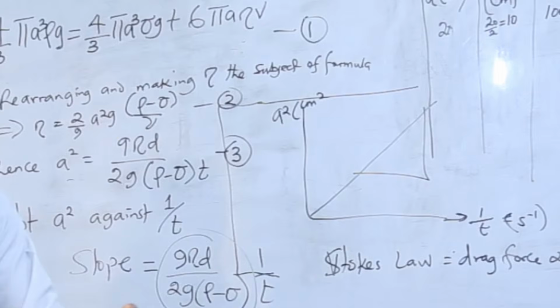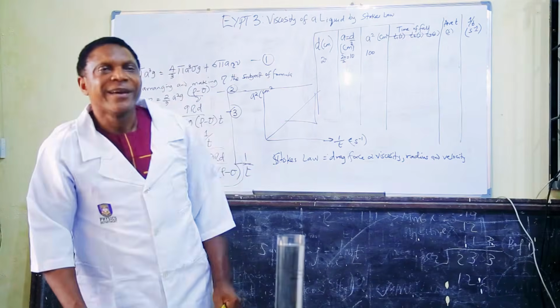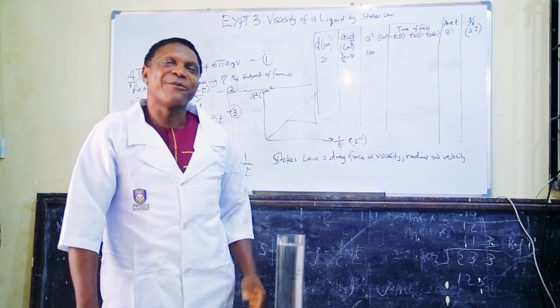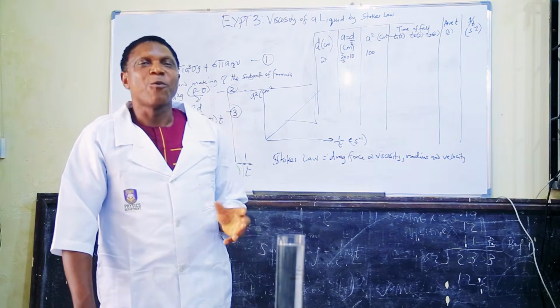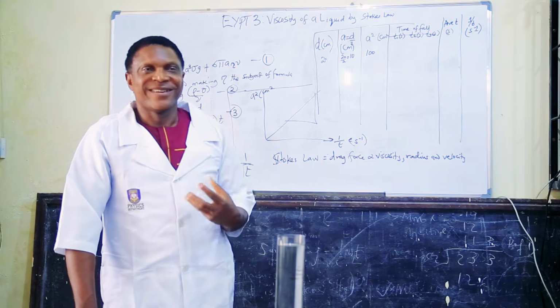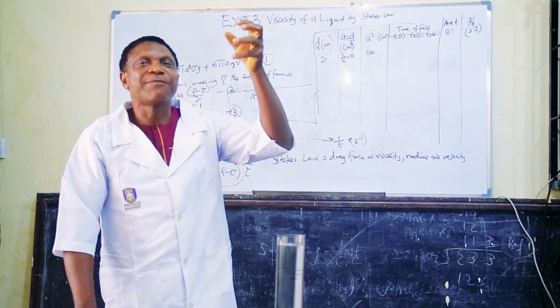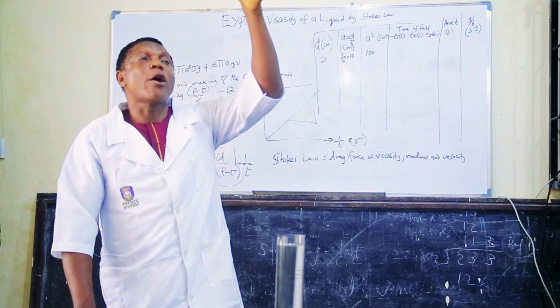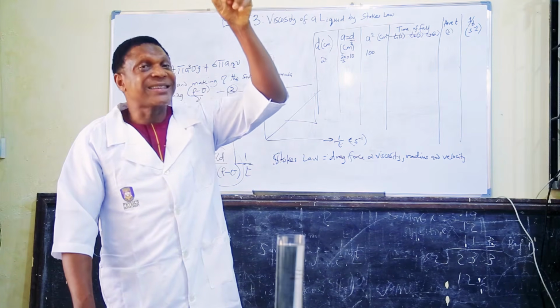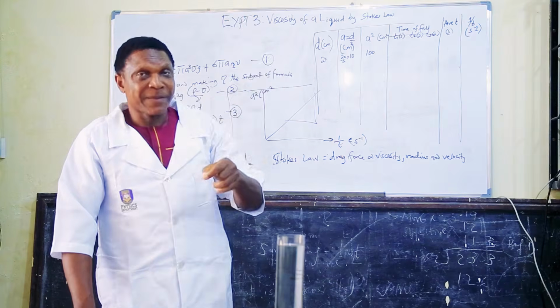Let me tell you one physical significance of this. A practical example is when rain is falling, the diameter of the rain droplet gets big enough and it begins to fall through the atmosphere until it attains a terminal velocity.